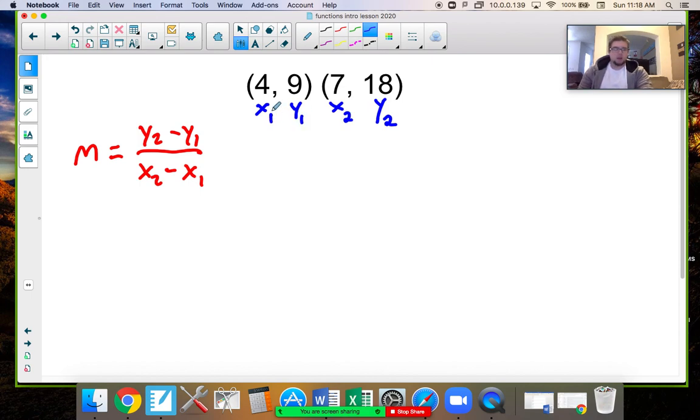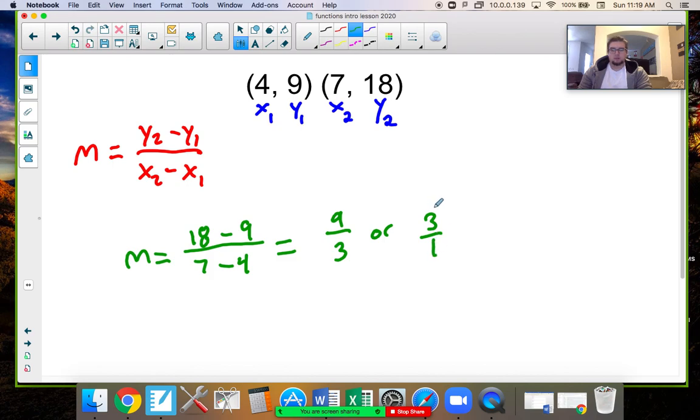It does not matter which one is which, just make a choice. But the 2's have to go together, the 1's have to go together. So slope m now says 18 minus 9 all over 7 minus 4. You'll notice that the 18 and the 7 are above each other, the 9 and the 4 are below each other. Brings us 9 over 3, which should be simplified to 3 over 1.